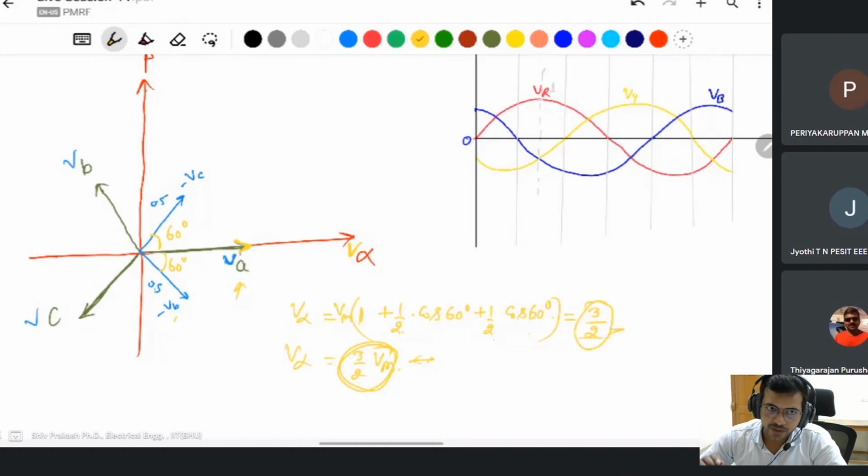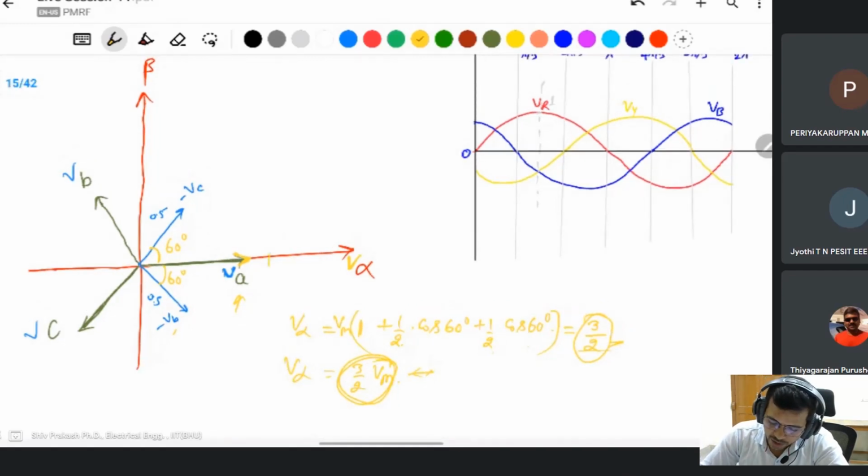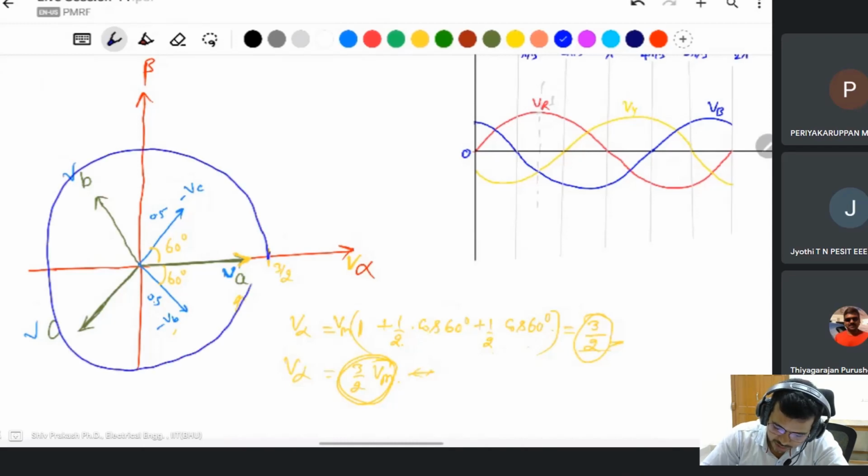This is a circle of magnitude 3 by 2 Vm, rotating like that.